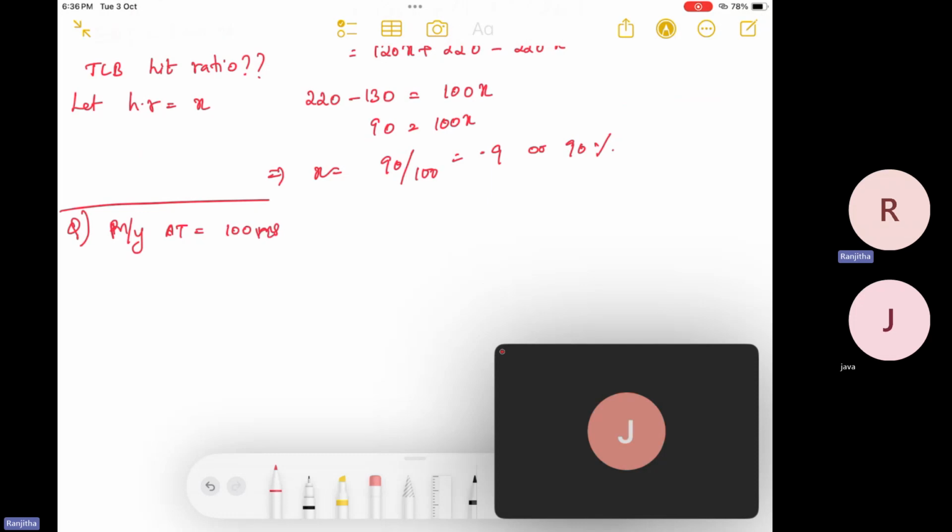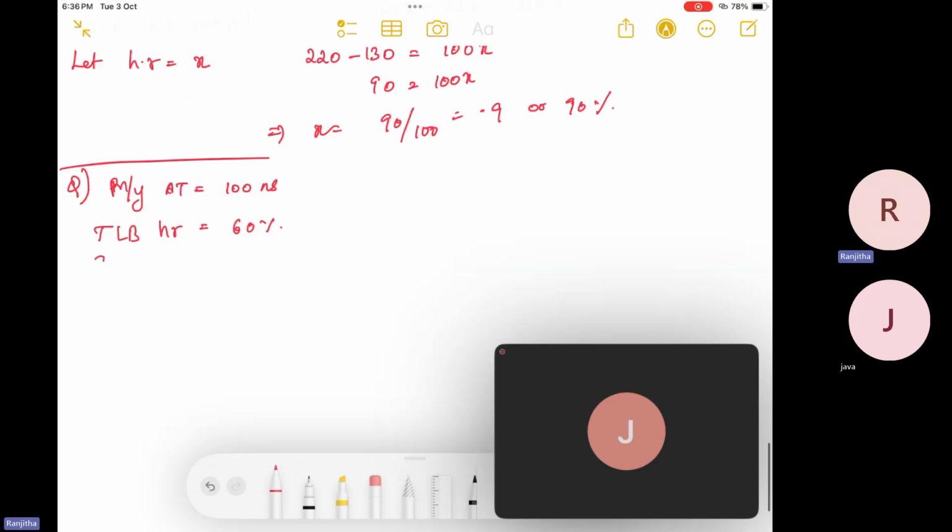TLB hit ratio is given as 60%. Expected memory access time is given as 160 nanoseconds. Now, what is the TLB access time?